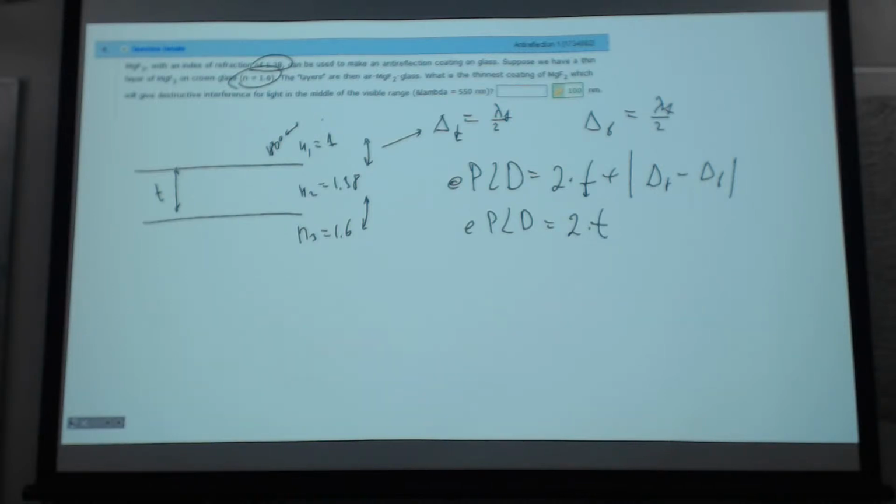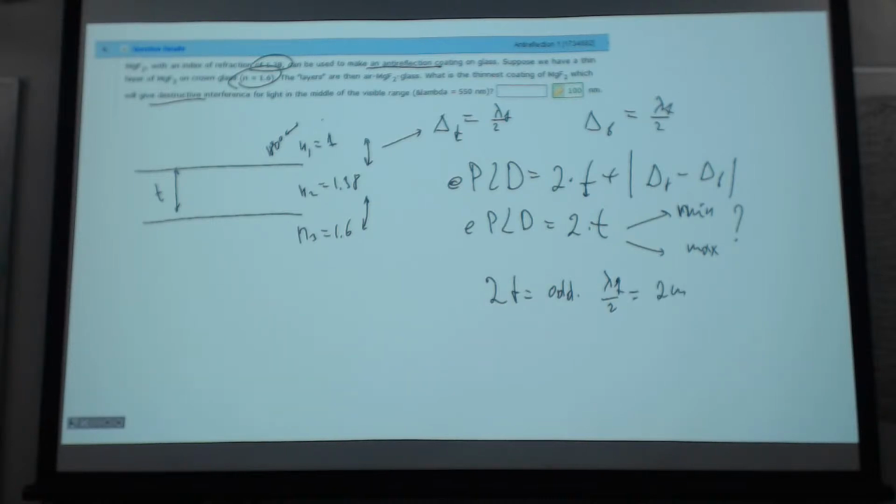And now you need to choose: do you set it to minimum or maximum? We set it to the minimum, because it's asking us for the thinnest coating. It says destructive anti-reflection, so 2t should be equal to the number of halves of a wavelength in the film.